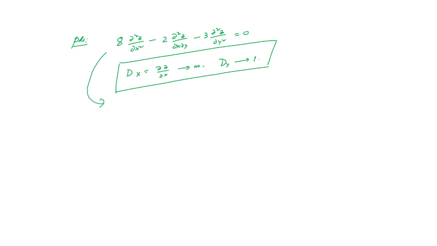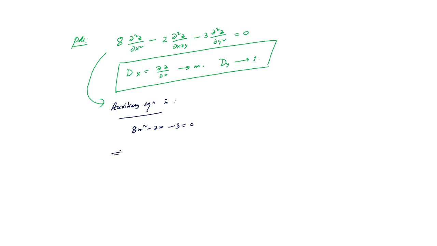So in that case, what will be our auxiliary equation? The auxiliary equation corresponding to the given PDE is 8m square minus 2m minus 3 equals 0.